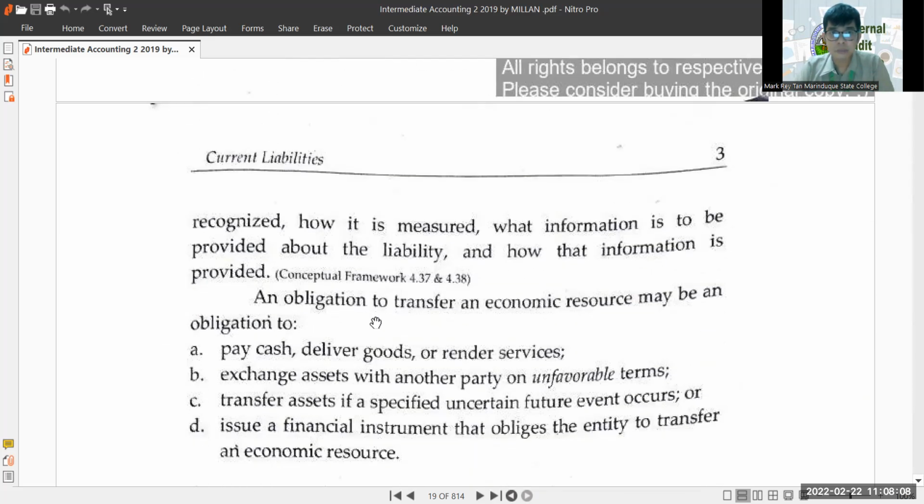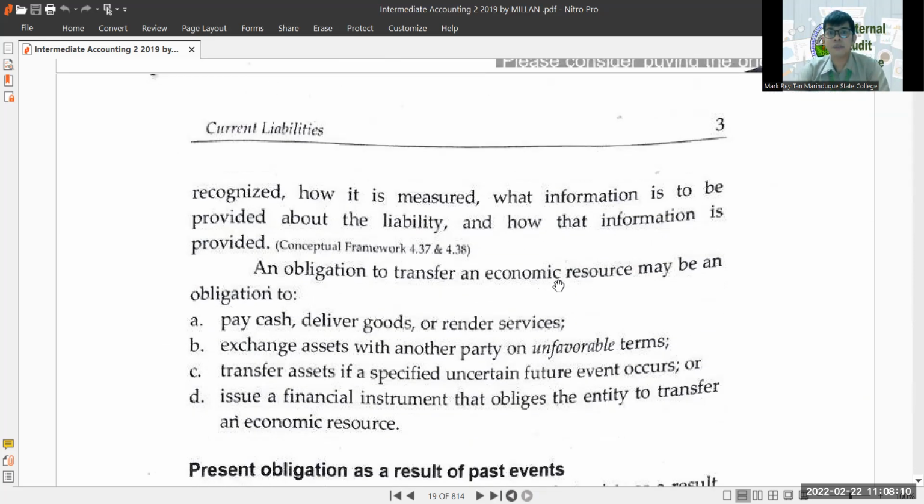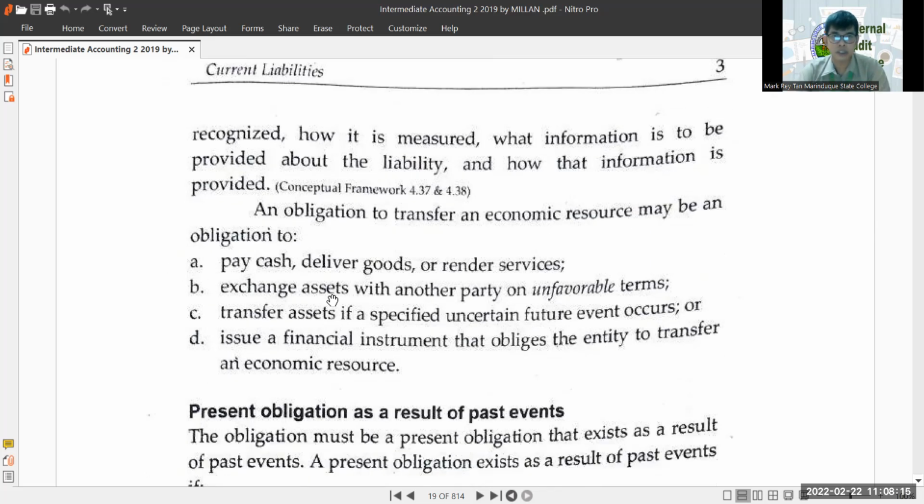Sige, proceed tayo dito. An obligation to transfer an economic resource may be an obligation to... ito. So ito class yung mga example ng transfer of an economic resource. It could be through payment of cash, delivery of goods, or rendering of services, exchange assets with another party on unfavorable terms.